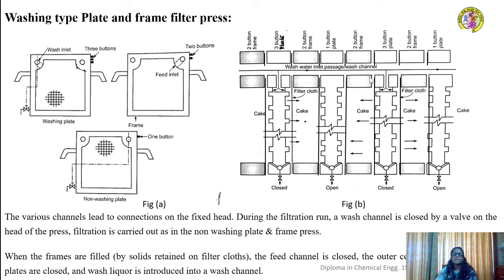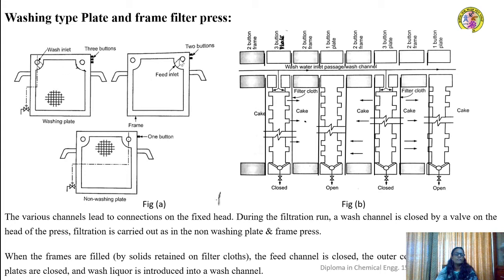So this plate and frame filter press arrangement is shown for a section along the channel which is formed for washing the filter cake. Each plate that is having a three button is a washing type of plate, as I already told.